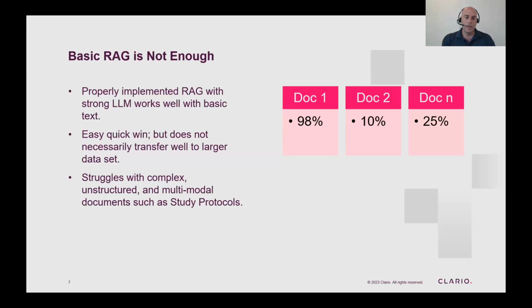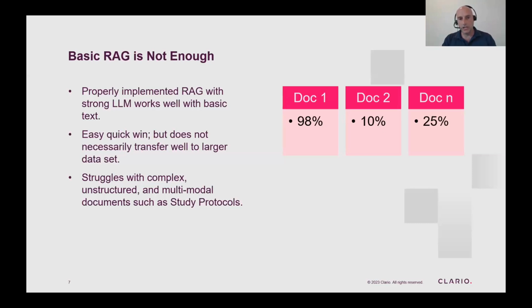But the reality is that if you're doing this at scale, on complex documents, you might see that you'll get accurate results for one document, then maybe 10% accuracy on the next document, 25%, 0. It's going to be very inconsistent throughout a large data set.